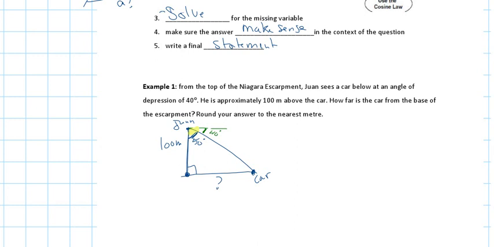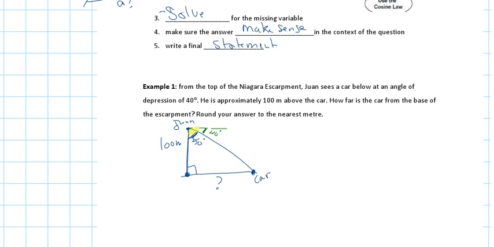So how do I name my triangle? What kind of triangle do I have? Right angle. Okay, so what do I have to use? A trig ratio. And with trig ratios, what do I need? Opposite, hypotenuse, adjacent.